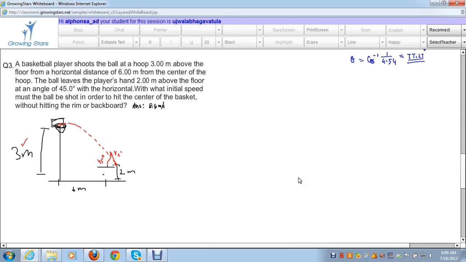Which motion are you analyzing first, vertical motion or horizontal motion? The vertical motion. So what data do you know regarding vertical motion? For vertical motion, we know the acceleration is negative 9.8. Can you list it down?